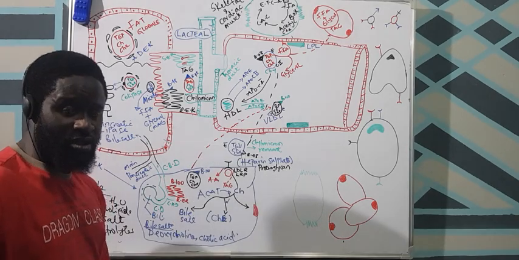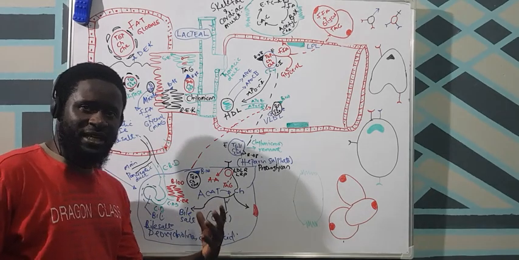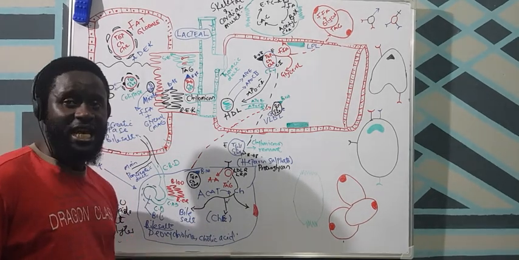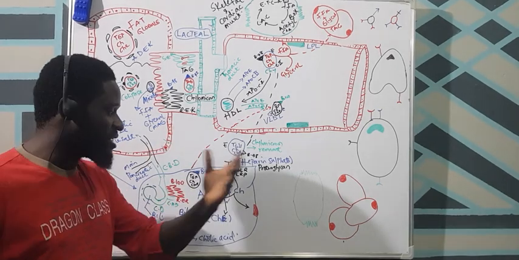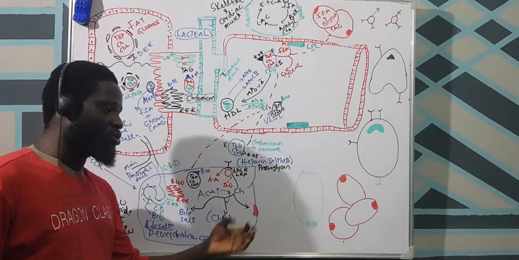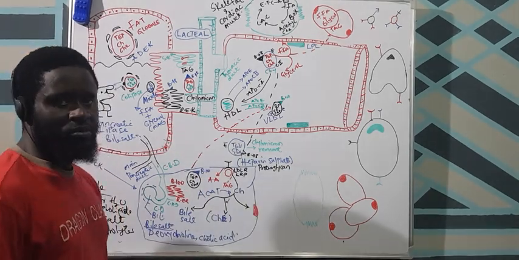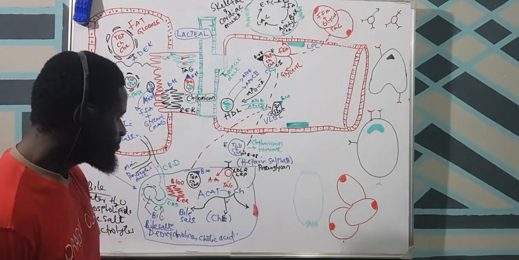The other is the conversion of the cholesterol into cholesterol esters through the catalytic activity of the enzyme ACAT, which stands for acetyl-CoA cholesterol acyltransferase. Some of the cholesterol forms the cell membrane, which gives it its fluidity and rigidity.